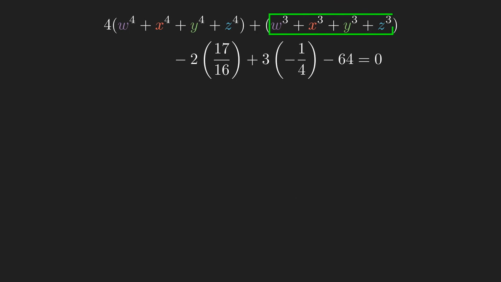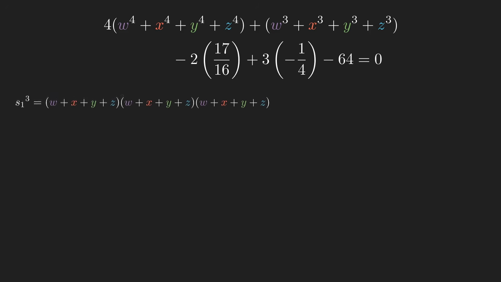All that's left is the sum of the cubes. Maybe we can try the same trick we did to get the sum of the squares. We'll start by cubing S1. Instead of mechanically multiplying out this mess, let's think about what sort of terms we'll get. First and foremost, we'll have the cubes, w cubed plus x cubed plus y cubed plus z cubed. Next, we'll have terms that are the square of one variable times a different variable.